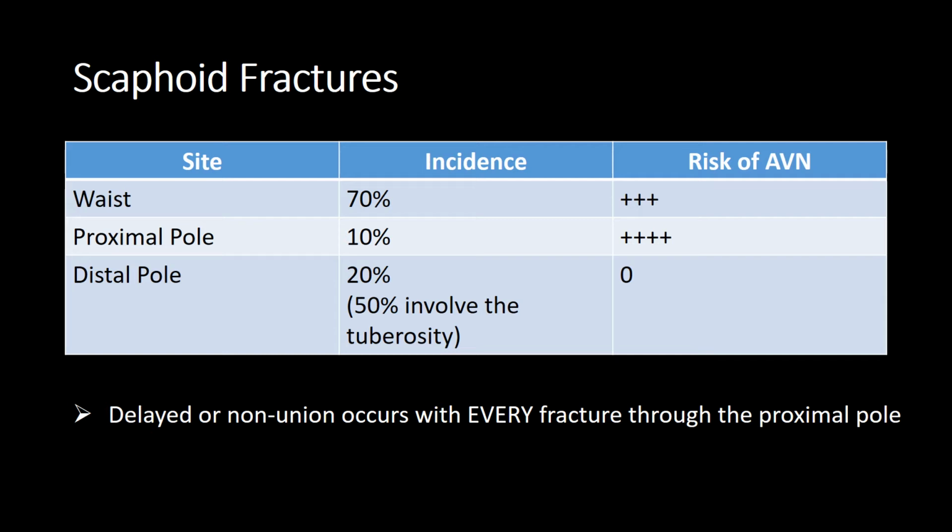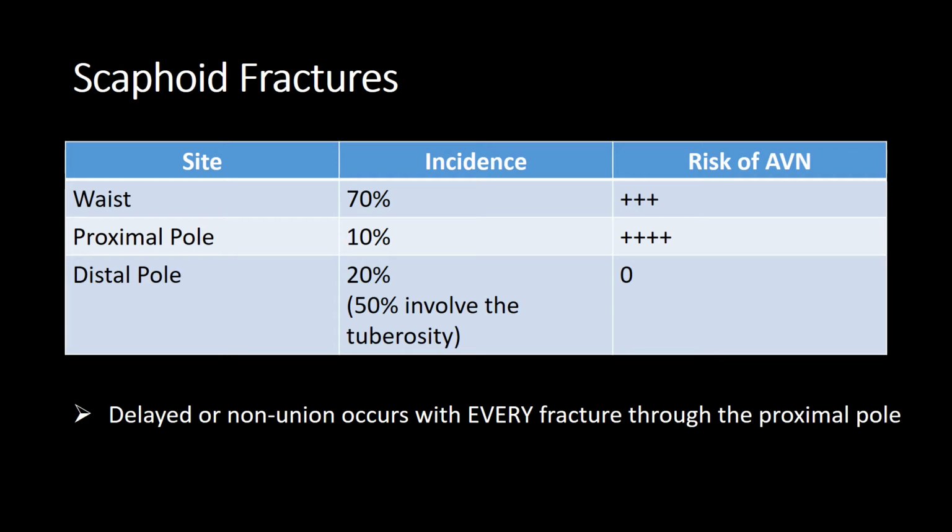But most importantly, you must have flattening and fragmentation. So if you only have an increase in density, this doesn't necessarily mean that the patient will develop avascular necrosis, and I'll explain a little bit more about that in a moment.